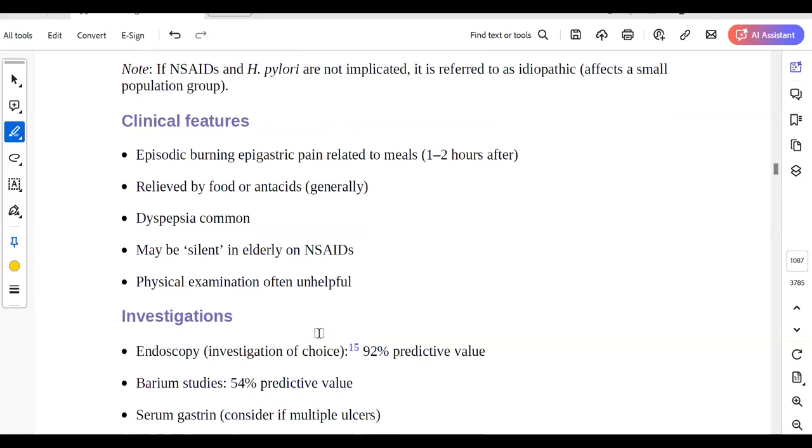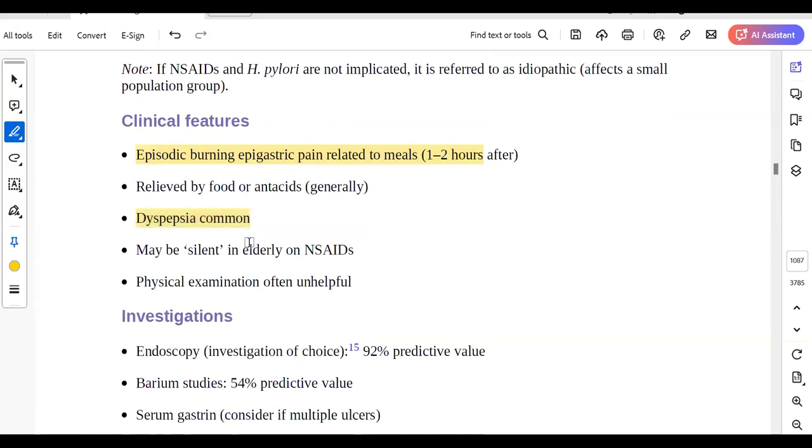So a patient with an ulcer presents with epigastric burning pain related to meals. If a patient comes to you with episodes of epigastric pain, which feels like a burning discomfort after having a meal, that is sometimes what we will think of as peptic ulcer disease.